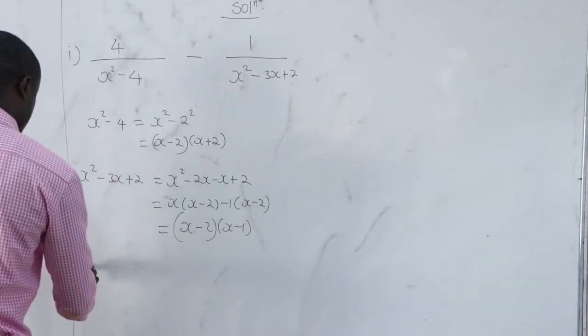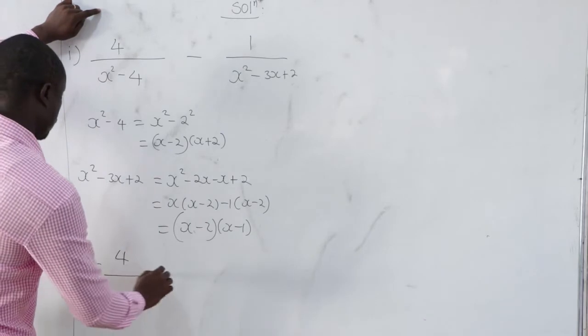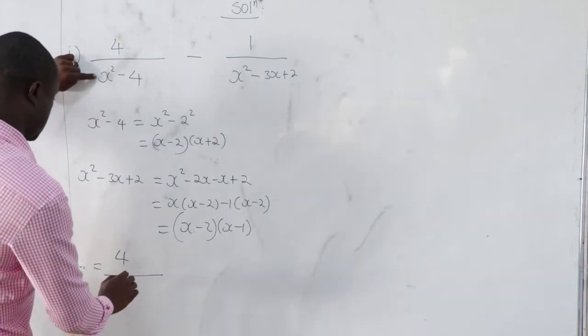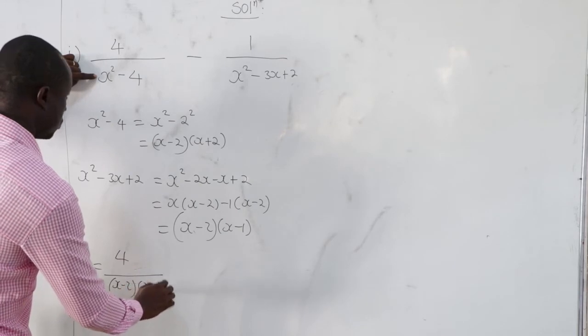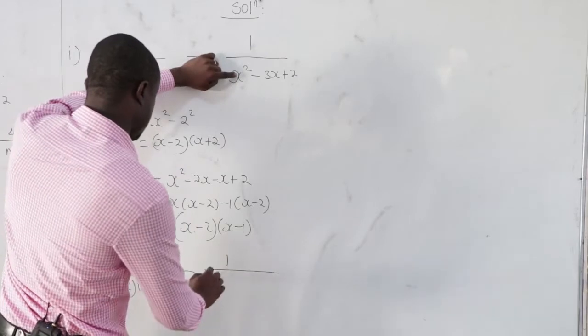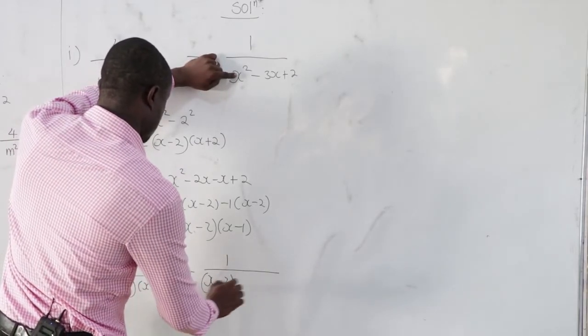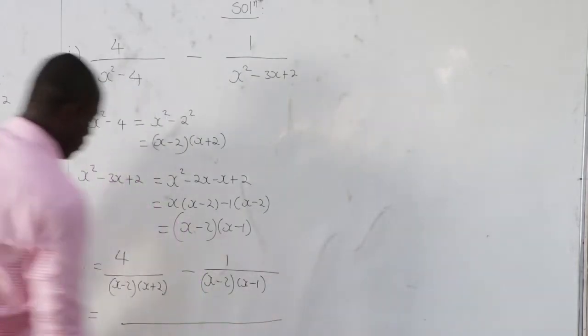Hence, so therefore, now what do we have here? So we have 4 over (x minus 2)(x plus 2), minus 1 all over, factorizing this, (x minus 2)(x minus 1). Now from here, what is the LCM?